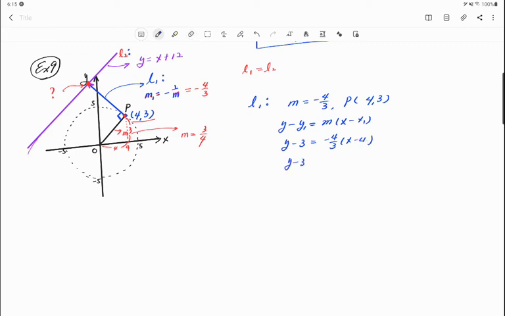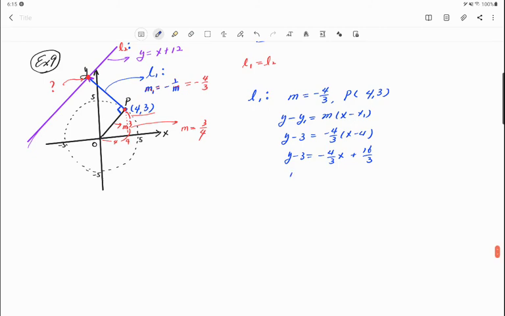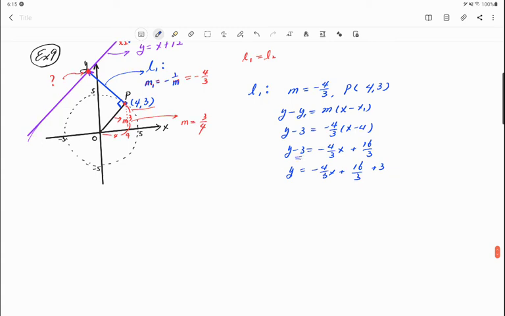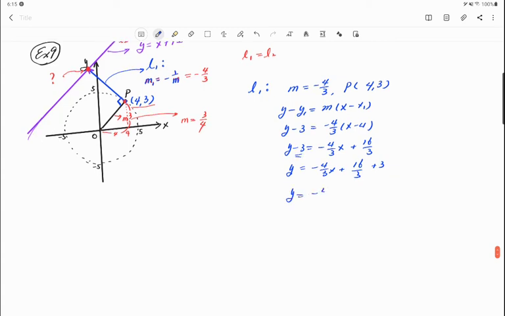Then y minus 3 equals negative 4/3 x plus 16 over 3. So y equals negative 4/3 x plus 16 over 3 plus 3, because we move the 3 to the right. Then y equals negative 4/3 x plus 16 over 3 plus 9 over 3, so 25 over 3.